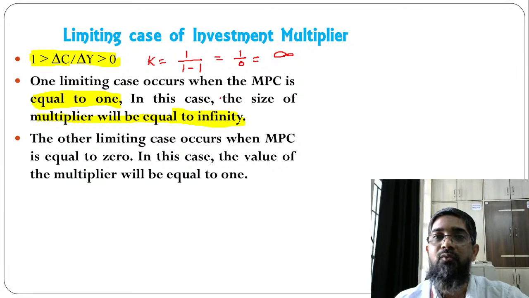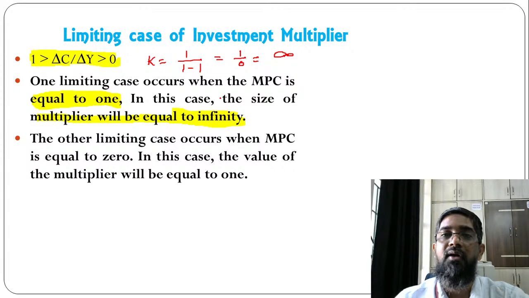Santoshi, what do you mean, 1 divided by 0 is 0? Arre baba, what are you saying? 1 divided by 0 is infinity, not 0. 0 divided by any number is 0. Is this clear to everyone or not?